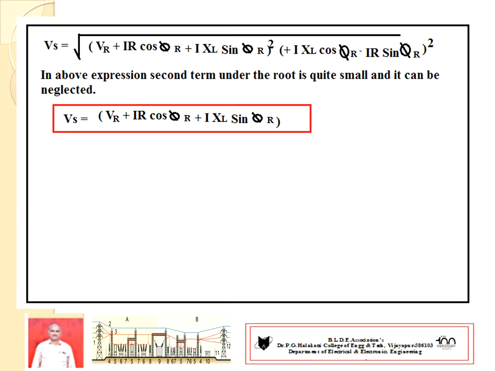Hence finally Vs equals Vr plus I R cos phi r plus I XL sin phi r. Remember, this is approximately equal to what we derived yesterday with the other phasor diagram, in which we took current as reference. Now, in complex notation, voltage Vr is the reference.